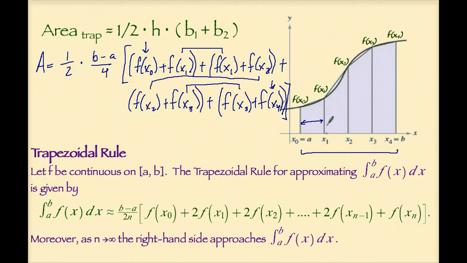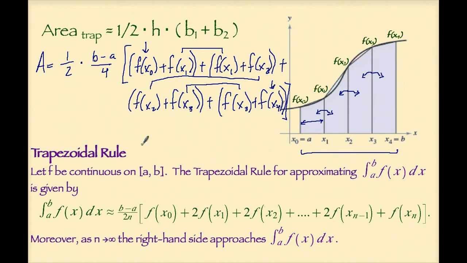This is because those function heights were serving as bases for two different trapezoids. The function height at x sub 1 was a base for the first trapezoid and for the second. The function height at x sub 2 served as a base for the second trapezoid and for the third. And f of x sub 3 was a base for the third trapezoid and the fourth.